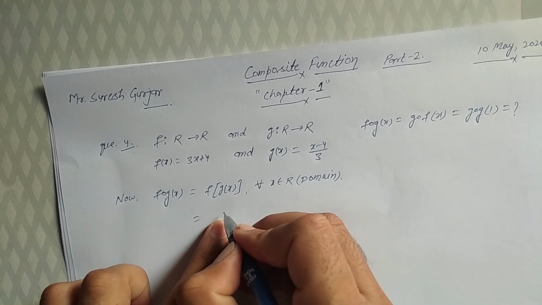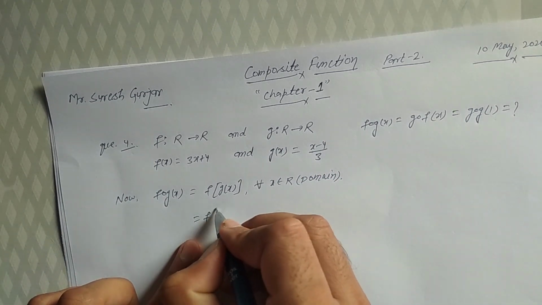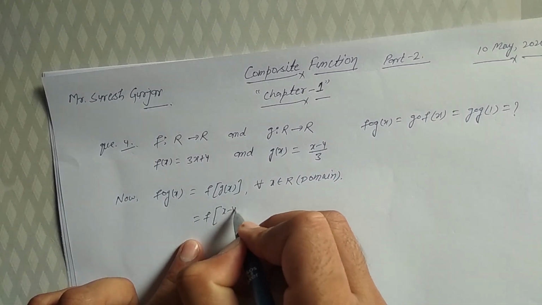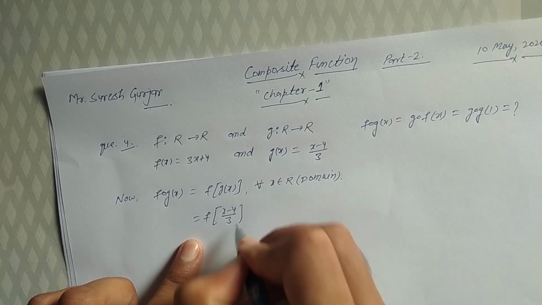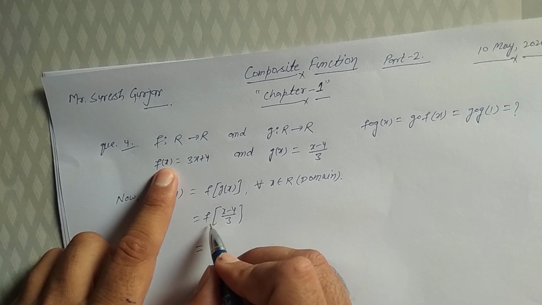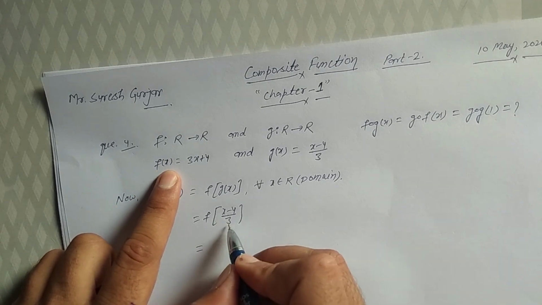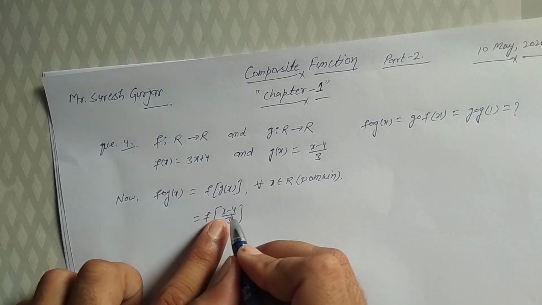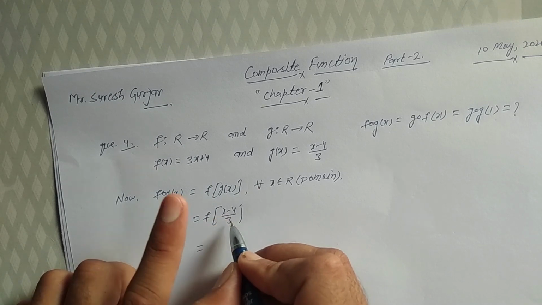Putting the value of g(x), x in f(x) is replaced by (x - 4)/3.